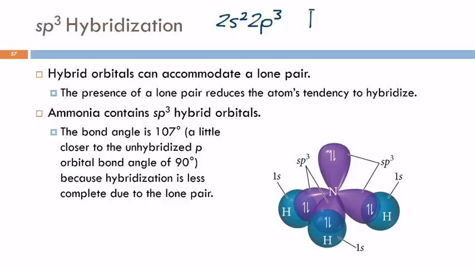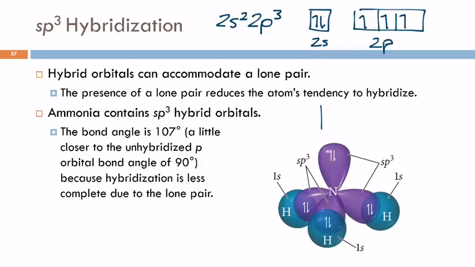So if we drew an orbital diagram, 2s and 2p, 1, 2, 3, 4, 5. So because there's this lone pair, the nitrogen is a little less likely to hybridize, but it still can.